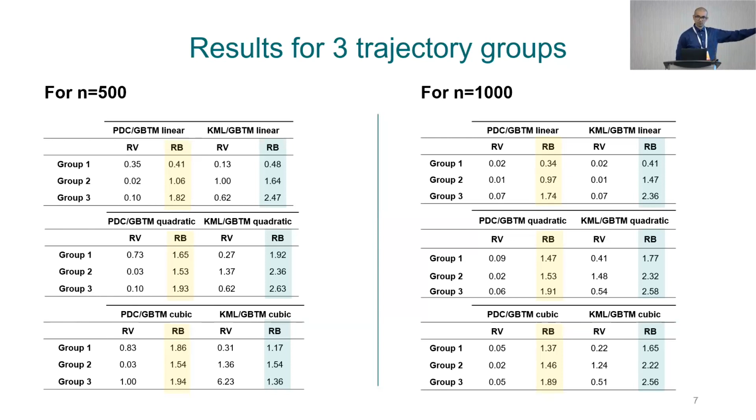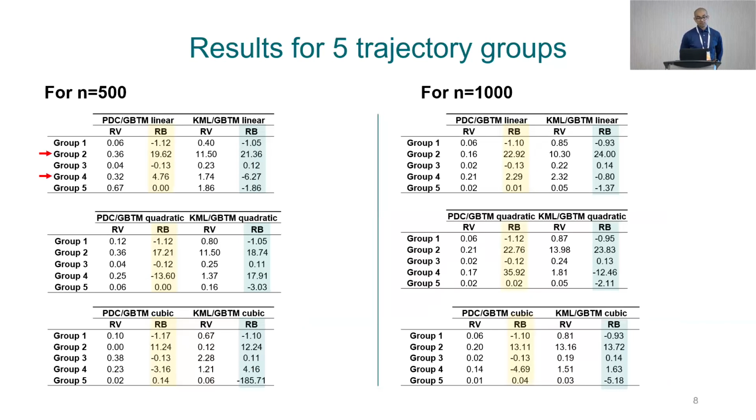Usually we wouldn't use a linear specification for the GBTM. What you may also notice is that the relative variance was higher for the GBTM compared to the other methods. And we think that's just because of the bias-variance trade-off. As you recover a little bit of the unbiasedness, you have to give up some amount of variance.